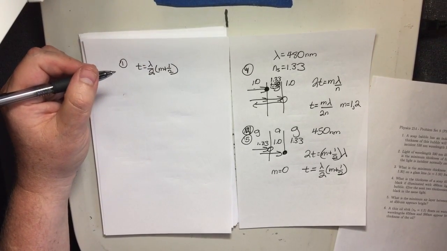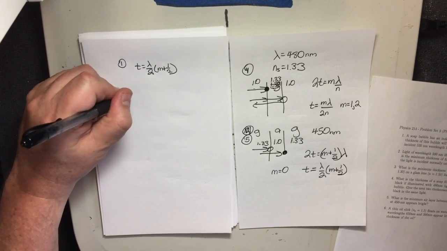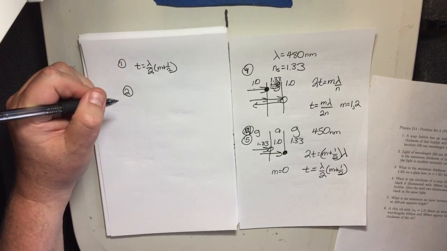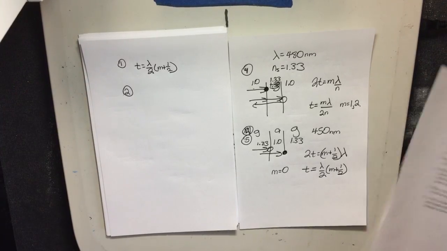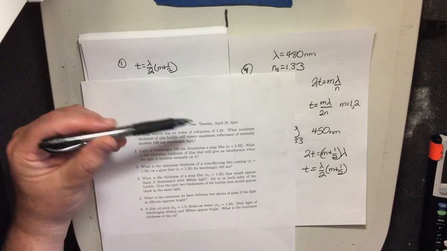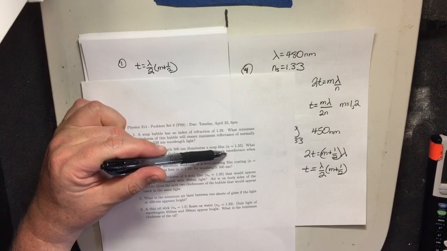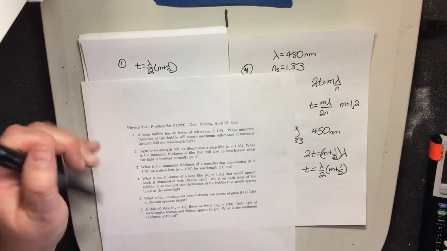Do that. Two is a little bit, I'm not going to throw out 2, I just won't grade it. It says, light of wavelength blah is through a soap film. What is the minimum thickness of film that will give an interference when the light is normally on it?